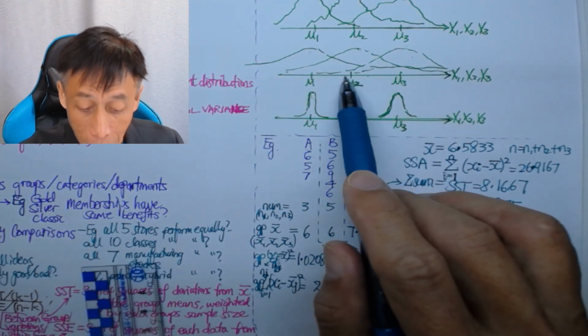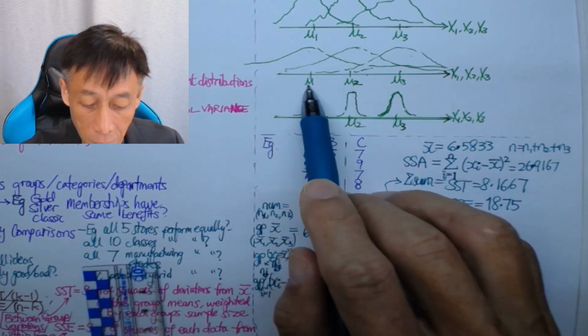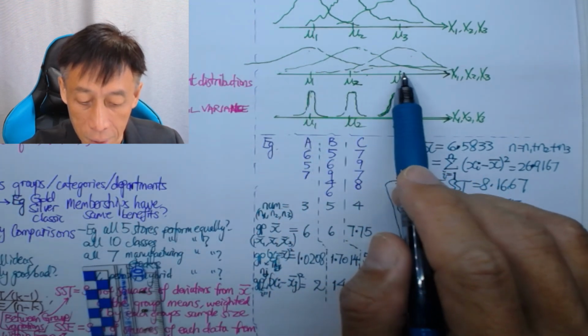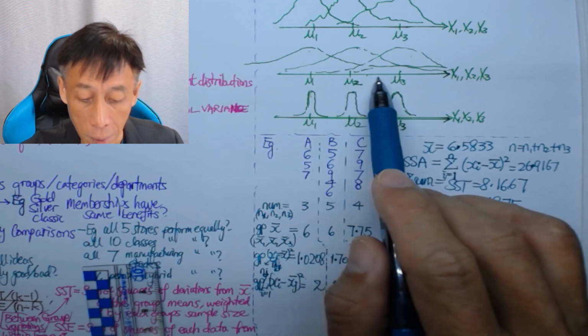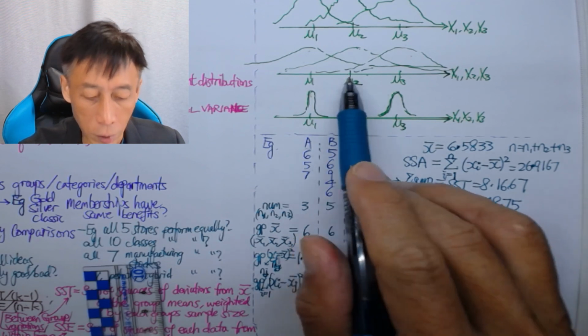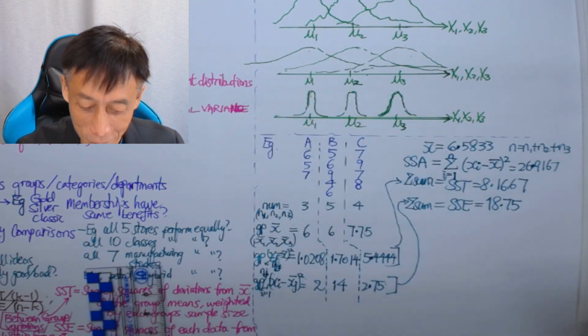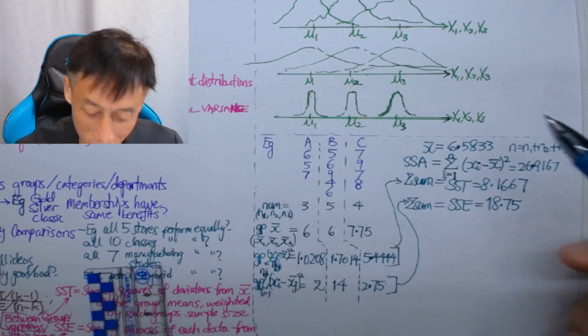So the overall mean is somewhere, maybe here, right? So the overall mean is this mean minus this, then square. This mean minus this, then square. Right. And of course it starts to get very ugly because of all the squaring and all the differences, and there are so many points, 4 points there.